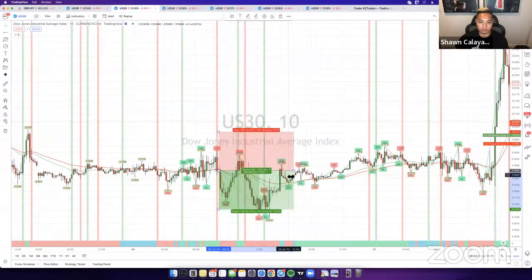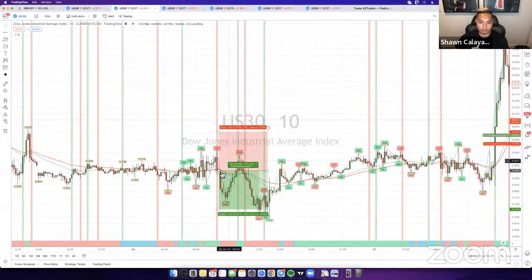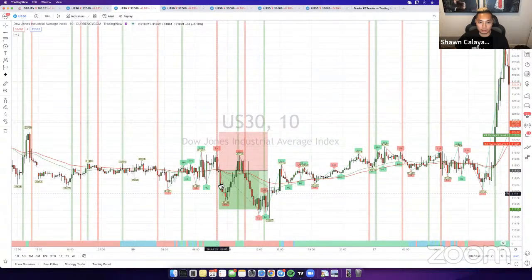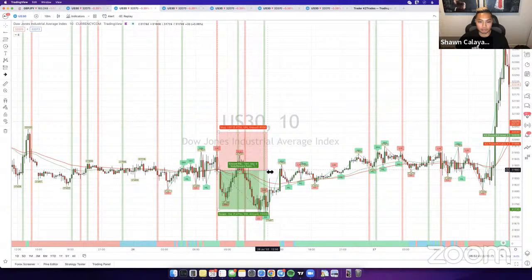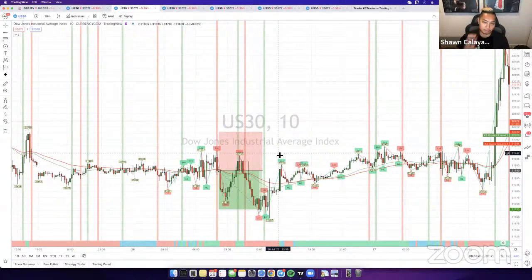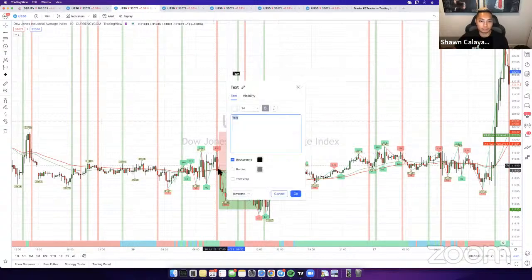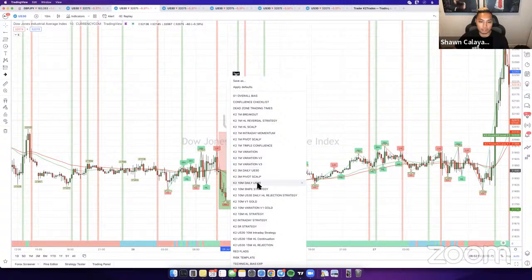So it does work. Looking at this right here, same thing right here. Trend meter is green. It's an opposite entry, and it plays out. So this kind of works both ways. If you want to apply the regular daily, this basically gives you the opportunity to trade it either way.